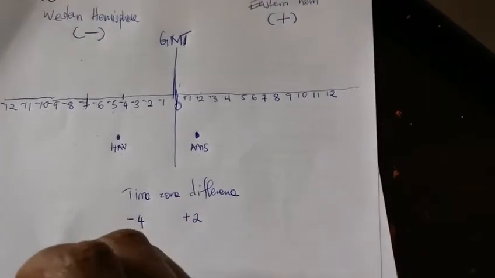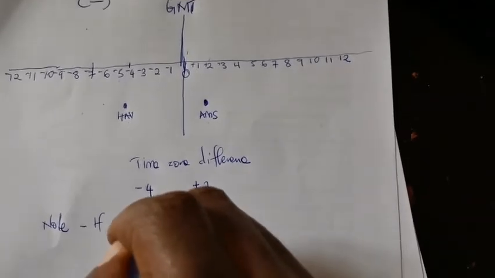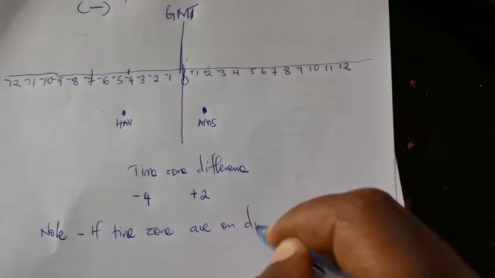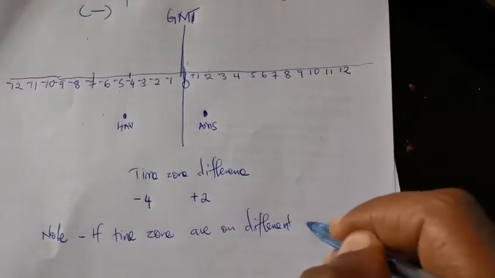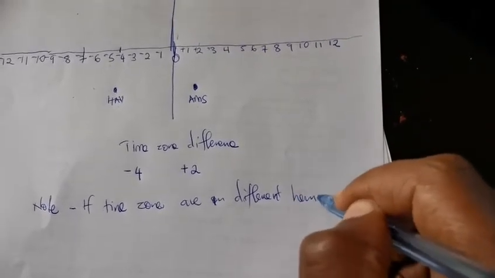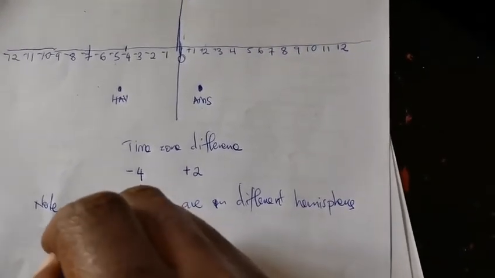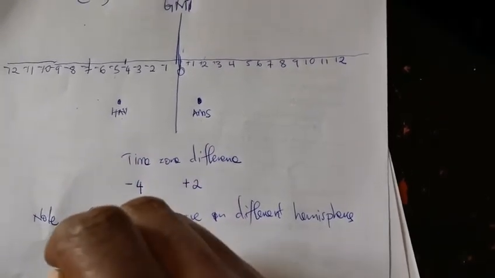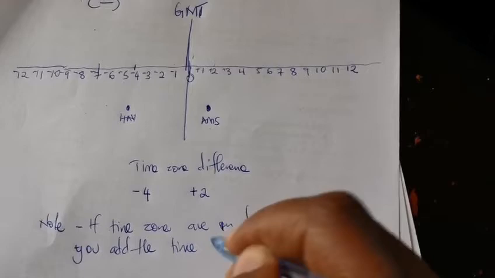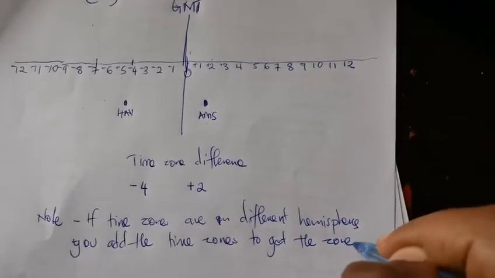What you have to keep in mind is that if time zones are in different hemispheres, you add the time zones to get the time zone difference.